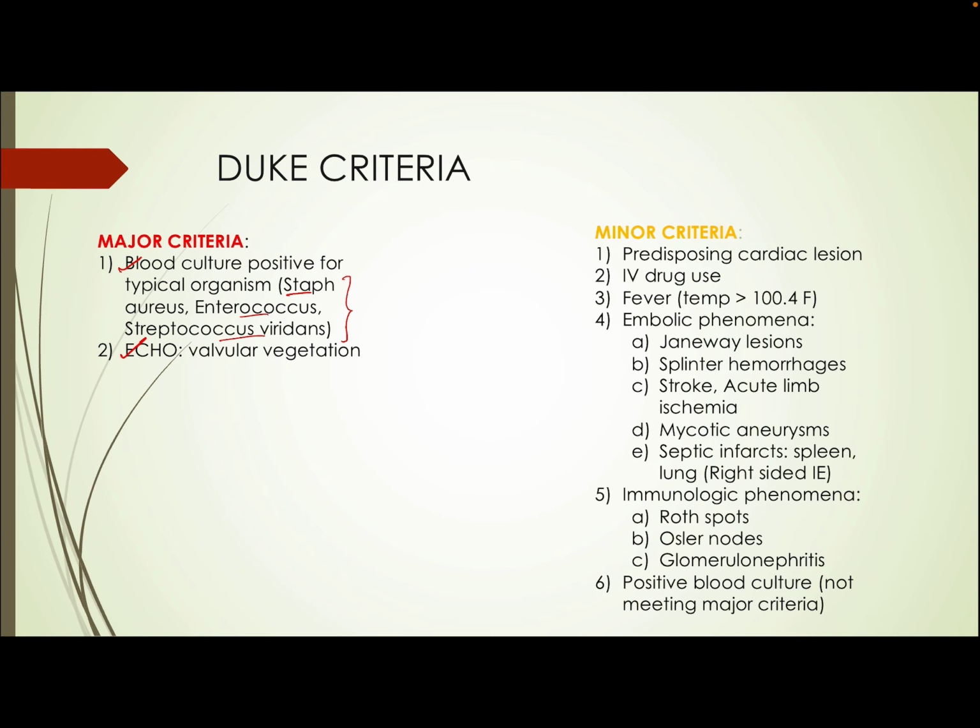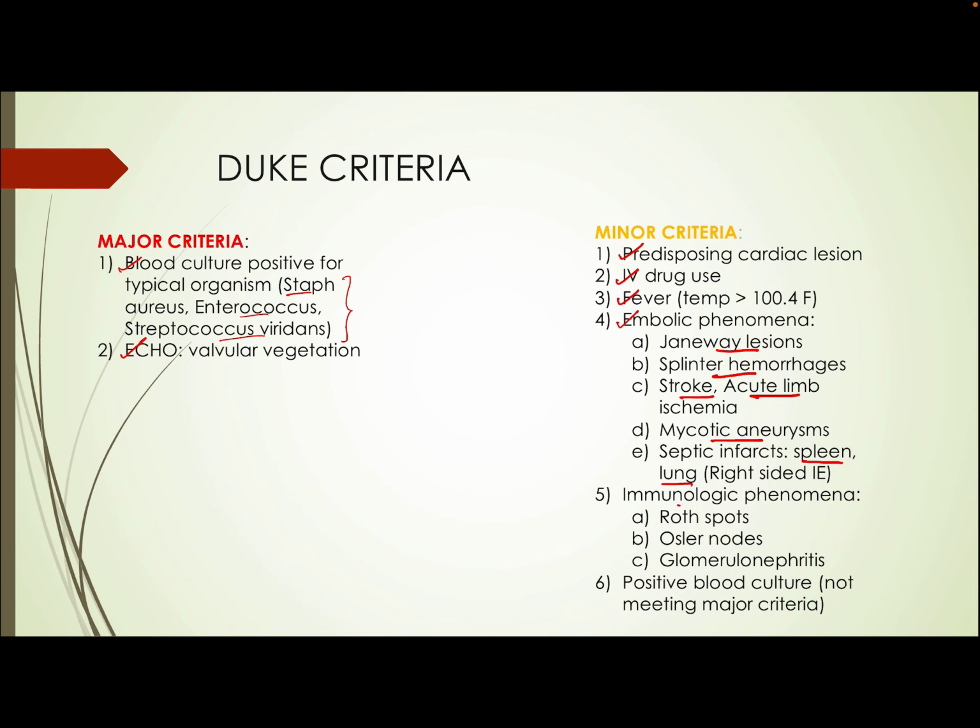Coming to the minor criteria, these are a predisposing cardiac lesion already present in the patient, history of injection IV drug use, presence of fever with a temperature more than 100.4 Fahrenheit, presence of embolic phenomena like we mentioned, Janeway lesions, splinter hemorrhages, stroke and acute limb ischemia because of embolic spread into the vessels, presence of mycotic aneurysms, and septic infarcts in the spleen and lung septic infarcts as seen in case of right-sided IE.